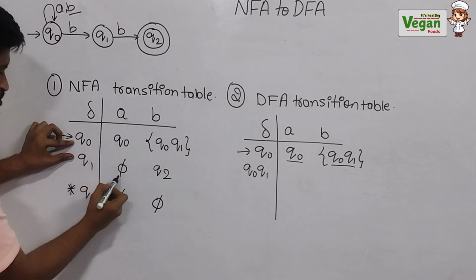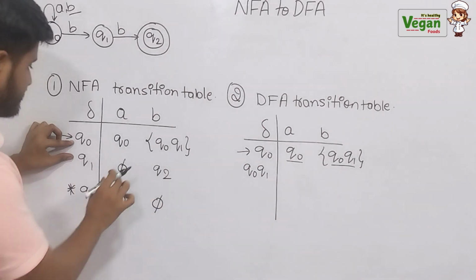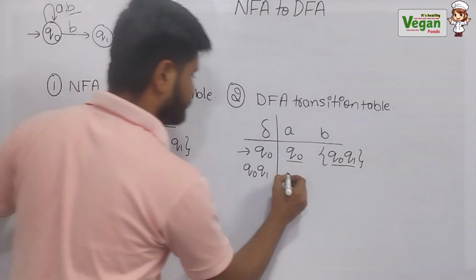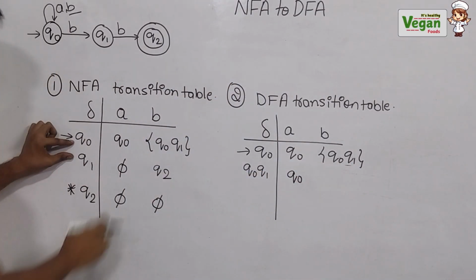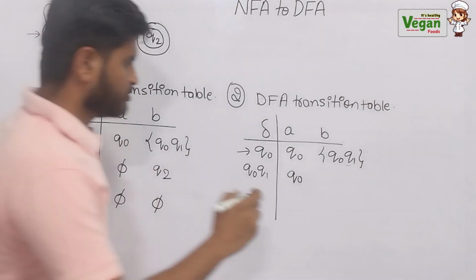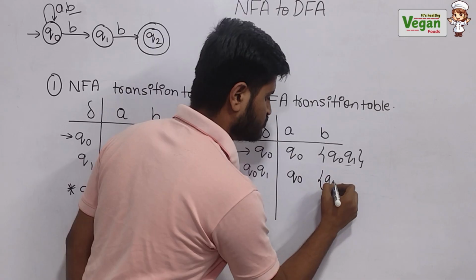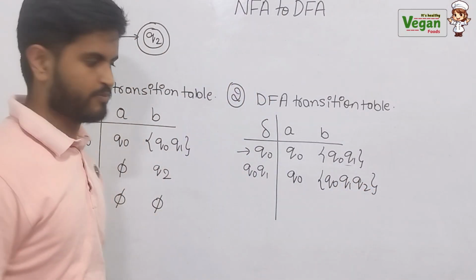It is going to Q0 and phi. That is null. You don't need to write the null. You just write Q0. Next, for B it is moving to Q0, Q1 and Q2. So you must write all of them. Q0, Q1, Q2. Enclose them within the flower bracket.